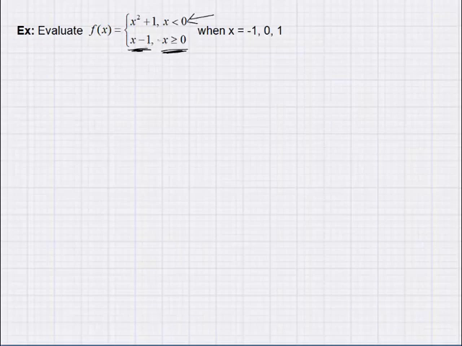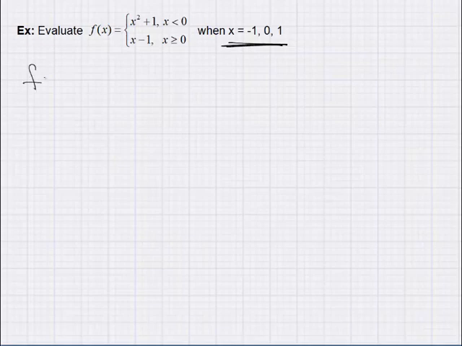The key to a piecewise function is the domain. If you know what your domain is, if you know where to put something, then you can evaluate this piecewise function. So x is less than 0, we use x squared plus 1. x is greater than or equal to 0, we use x minus 1. So let's evaluate the function at these three values.